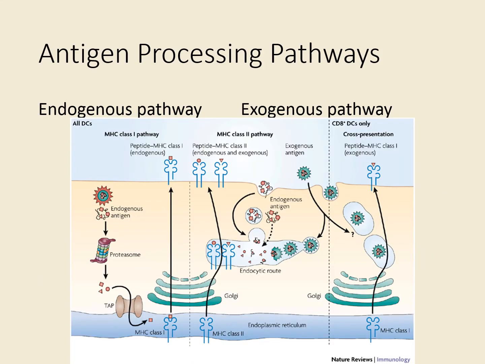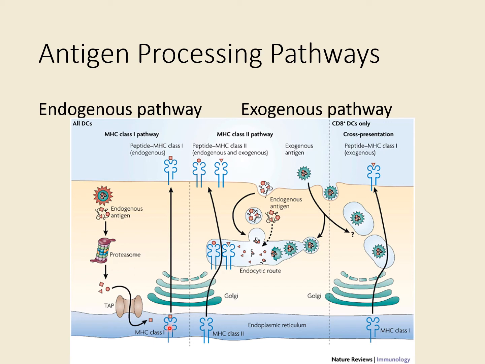Antigen processing and presentation can take place by three major pathways: the MHC class I pathway, also called the endogenous pathway, the MHC class II pathway, also called the exogenous pathway, and cross presentation. In the first pathway, the MHC class I pathway, the antigen is endogenous in nature, that is, it originates from the cytosol. This antigen is degraded into peptides.